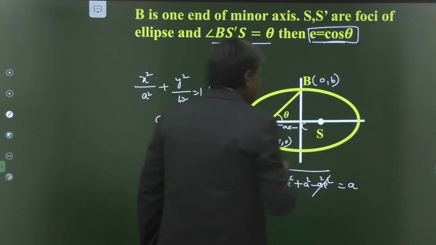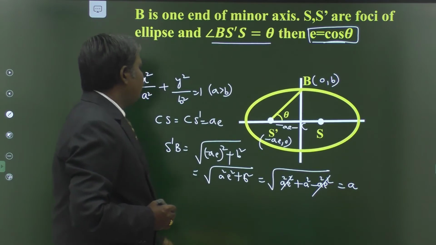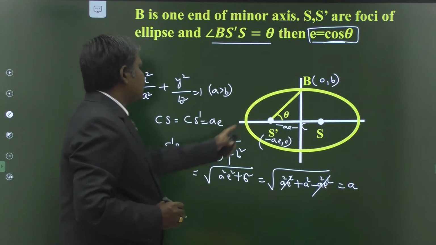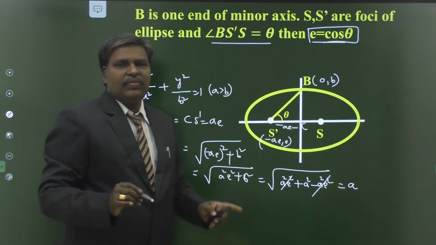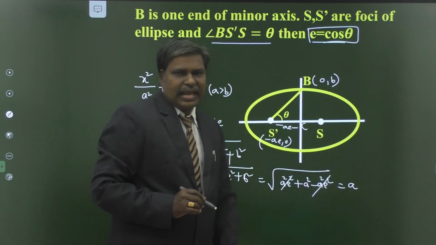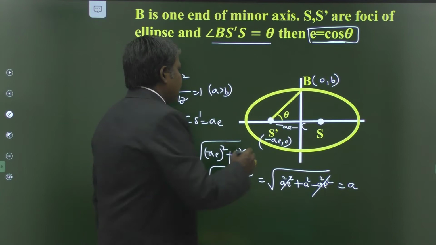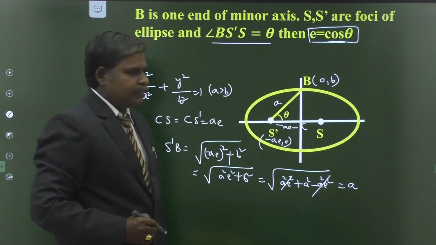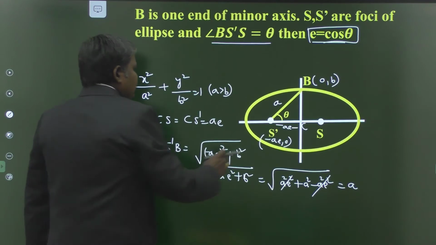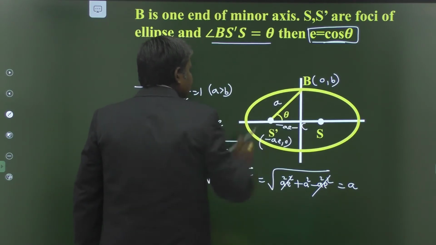That is your A. So don't forget, my dears, the focal distance of the end of the minor axis is always equal to the semi-major axis. So the distance from here to here is A units, and this is AE.